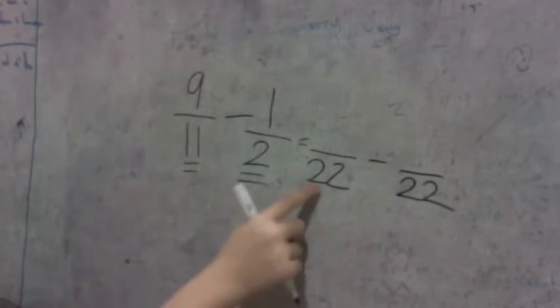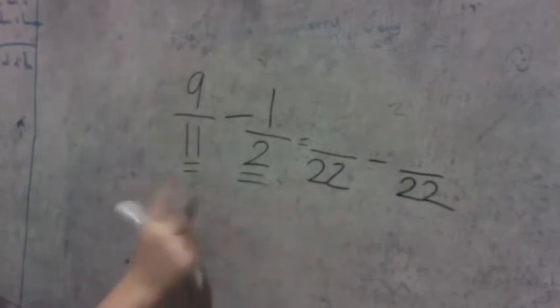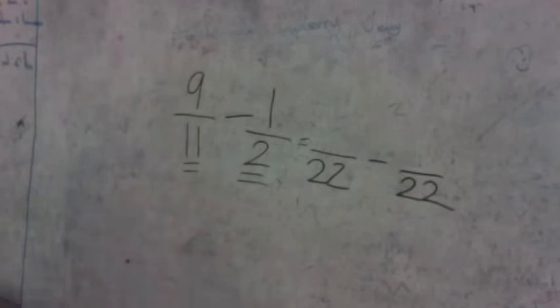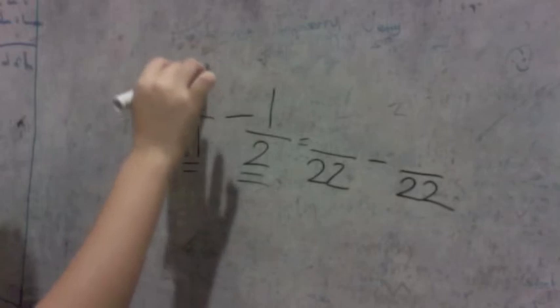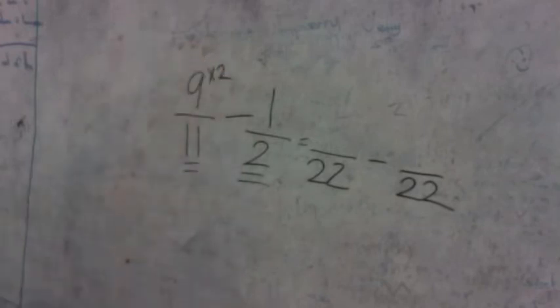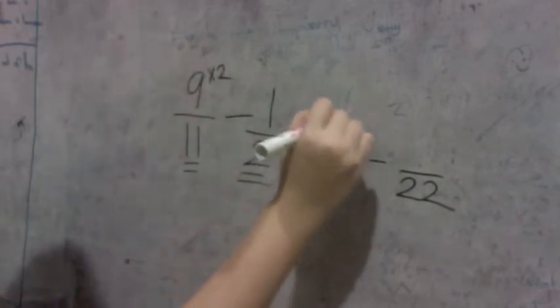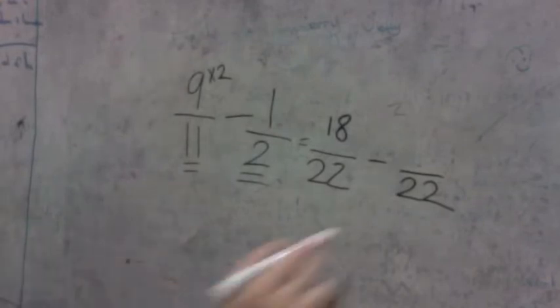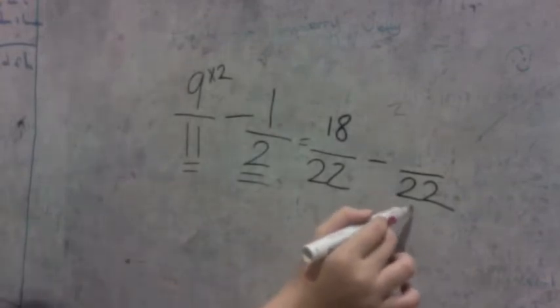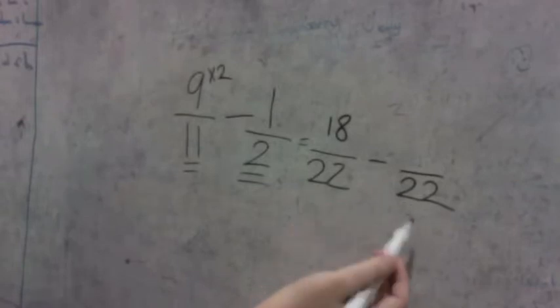Moving forward, 22 divided by 11 is going to be 2, and 9 will be multiplied by 2, which is 18. For here, 22 divided by 2 is going to be 11.